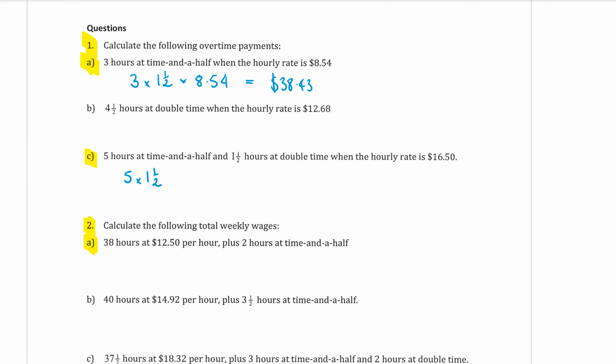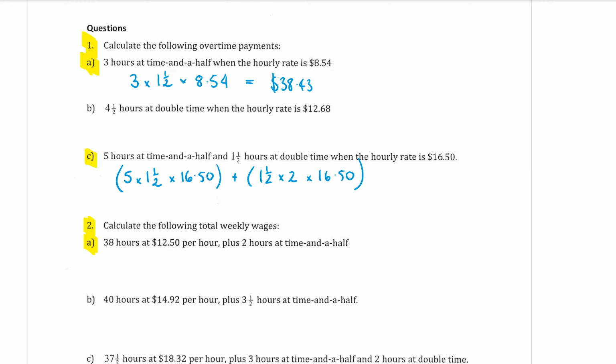If we times that by their hourly rate of pay, that would be how much they get for their time and a half pay. Plus, they're doing 1.5 hours at double time. So we times that by 2 for double time, and we times that by $16.50.